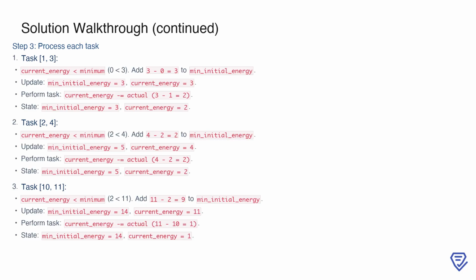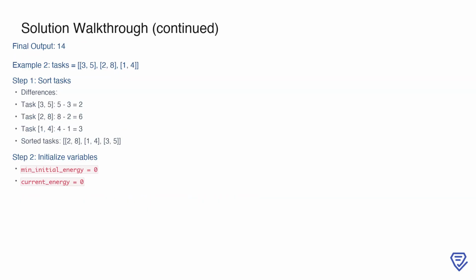Updating current_energy to 11, we then subtract the actual energy cost, 10, leaving us with a current_energy of 1. At this point, we've completed all tasks, and min_initial_energy stands at 14. With all the tasks processed, we find that the minimum initial energy required to complete this set of tasks is 14.